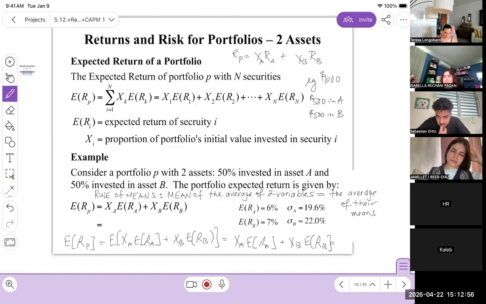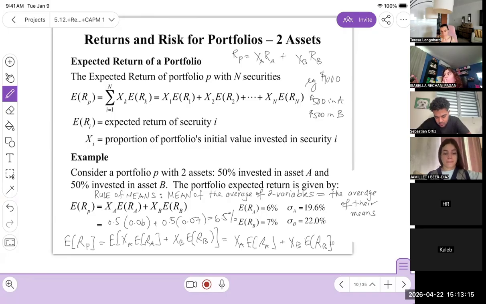If you do calculate this, it's 0.5 times 0.06 plus 0.5 times 0.07, and you get 6.5%. That's the solution for the average of this new variable you created.